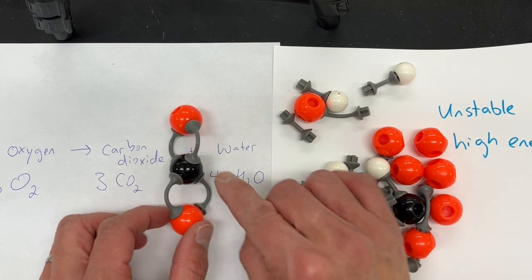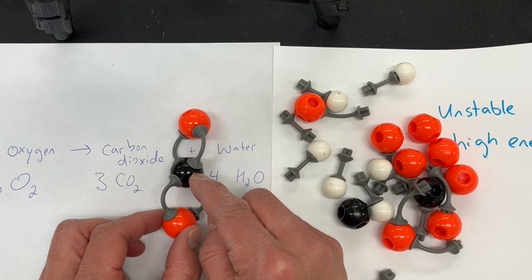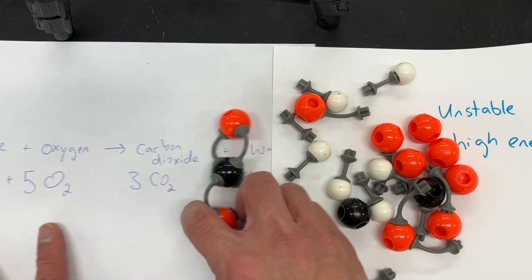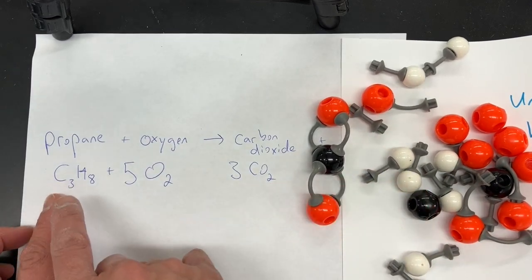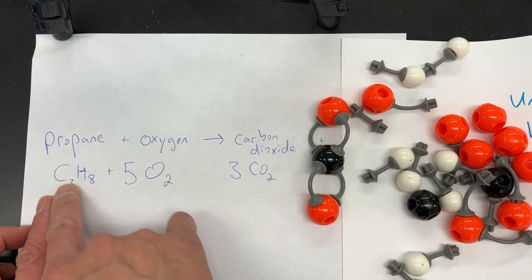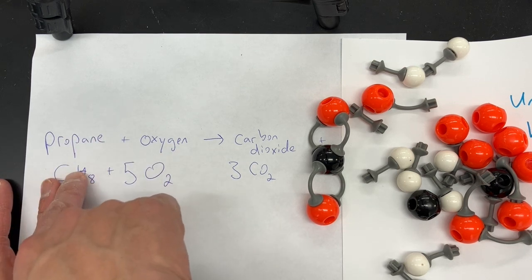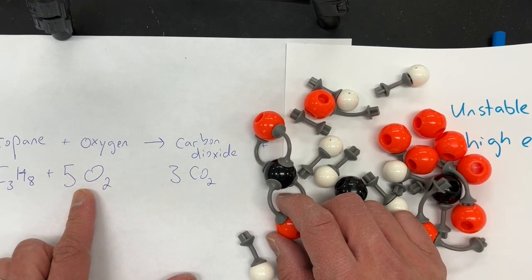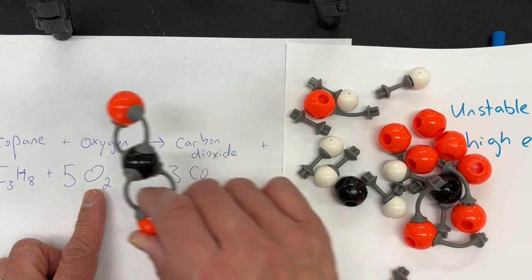Now, where did this carbon come from? It didn't come from just nowhere. The only thing that has carbon in it is this propane right here. That carbon broke apart. That carbon came back together with the oxygen from the air, and I formed this thing.